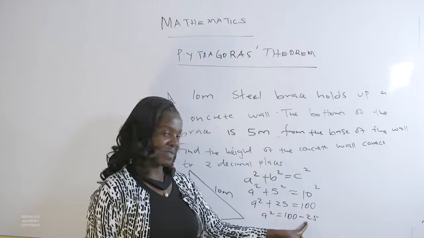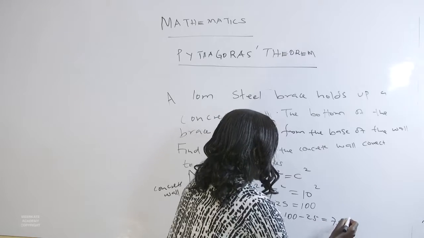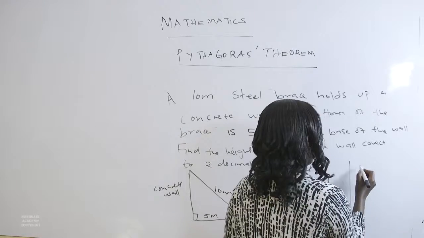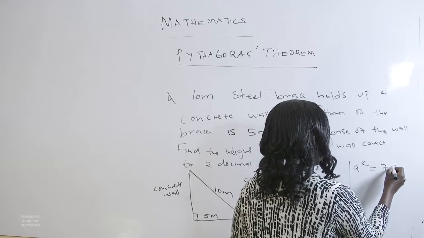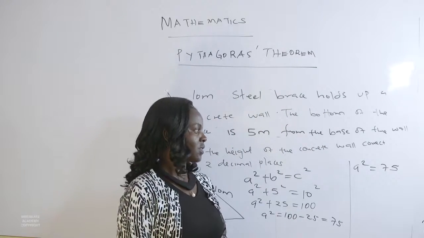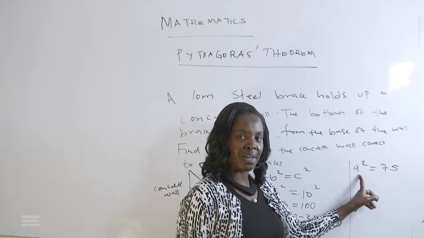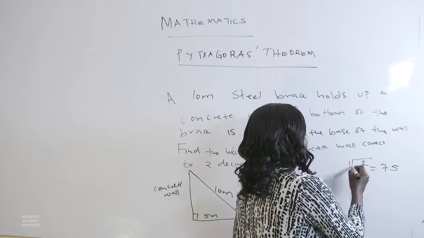We subtract 25 the other side, we remain with a squared is equal to 75. So for us to be able to calculate the value of a, we find the square root.